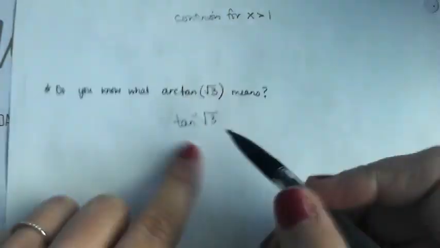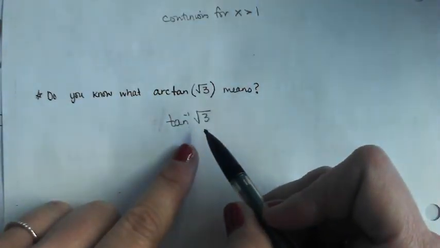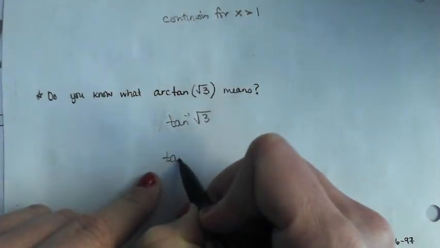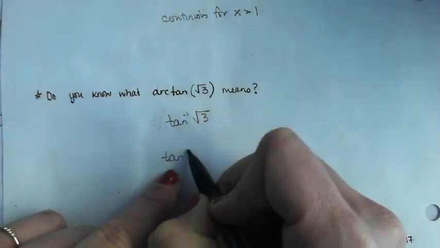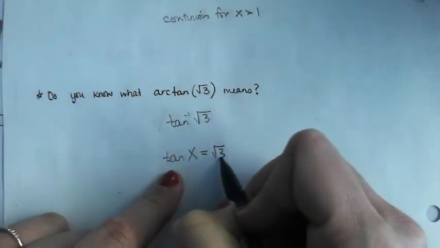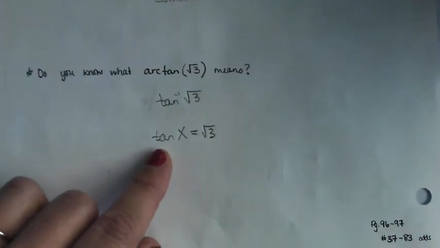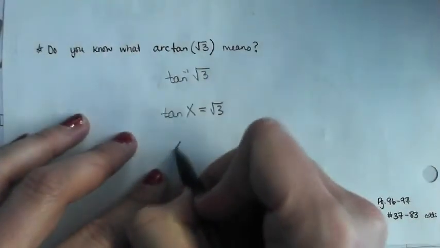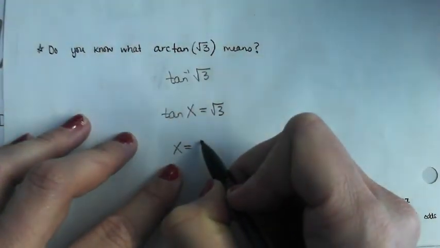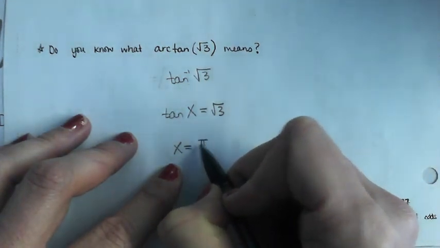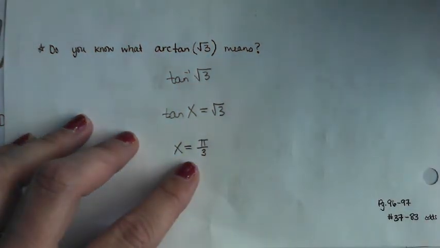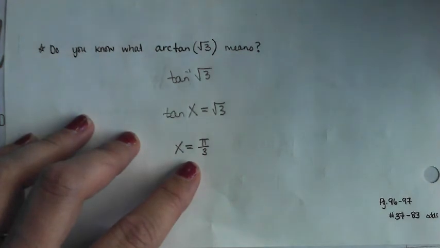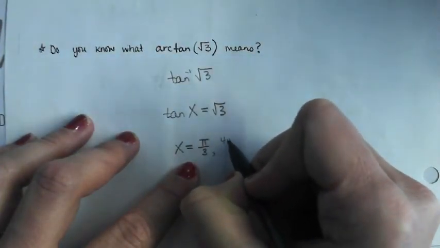So just to back up, how do you evaluate this? Right, you're pretty much looking for a tangent of what angle would give you root 3. And what's the answer for that? Okay, that's one of an infinite number of answers. What else would give you root 3? 4 pi over 3.